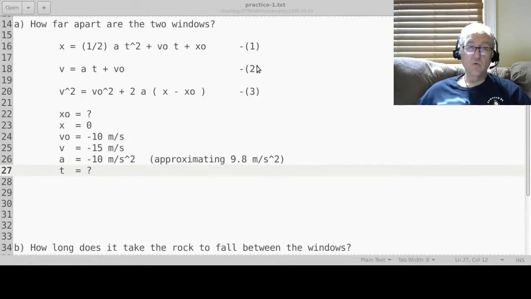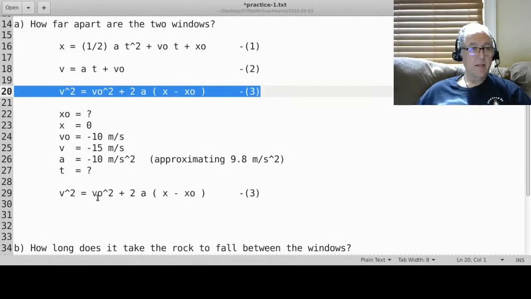If you take equation 2, solve for time, and put it into equation 1, you get equation 3. So equation 3 is really 1 and 2 with the time removed. We're good so far. We've decided that we're going to use equation number 3. Let's do that. Let me just cut and paste equation number 3 like that.